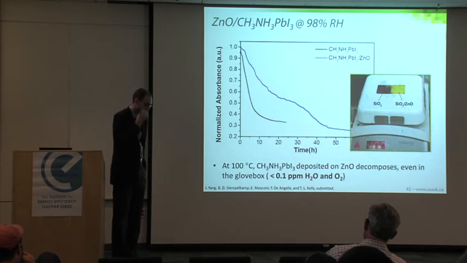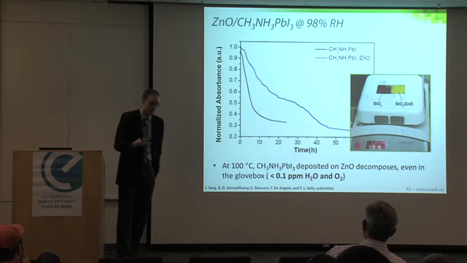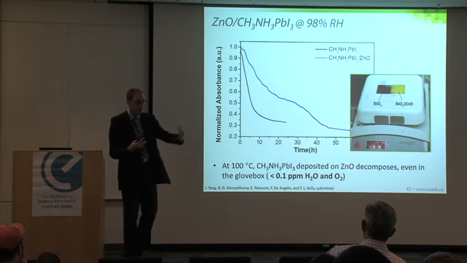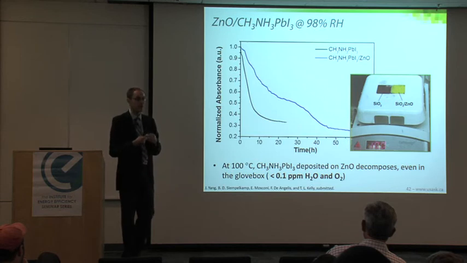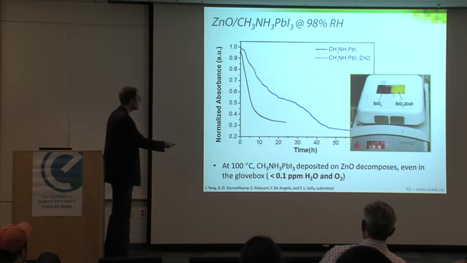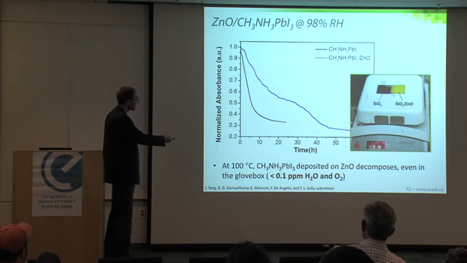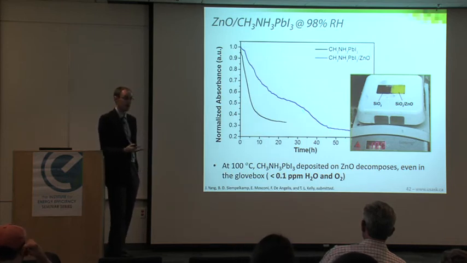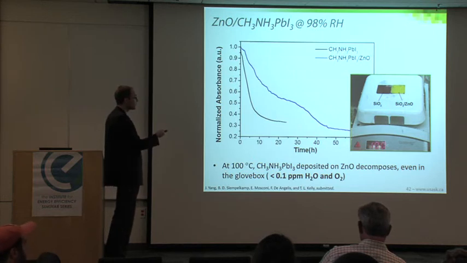And so the first thing that we thought this might be was, well, maybe the zinc oxide is hydrophilic, it's drawing moisture into the film, and that's exacerbating this problem with humidity. So we ran these films through our in situ humidity cell. And what we actually find is that the zinc oxide, if anything, makes the perovskite film a little more stable. So there's actually less decomposition on zinc oxide than there is on glass.